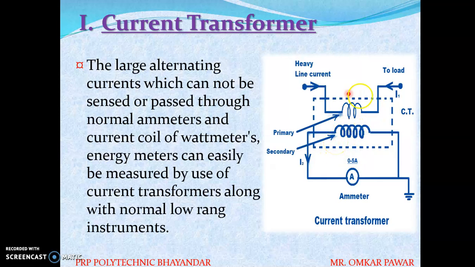The primary of CT is connected in this line, and the secondary is connected in this fashion. So high current induces voltage in secondary, induces the secondary EMF in secondary, and that current is sensed by the ammeter.